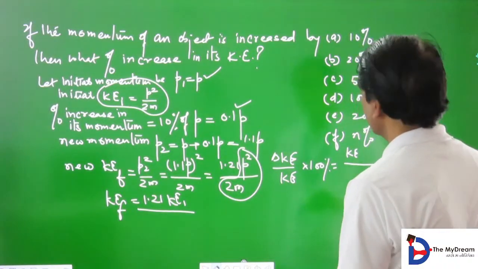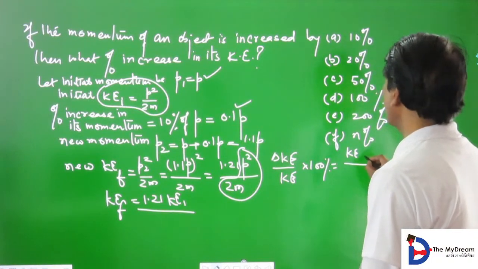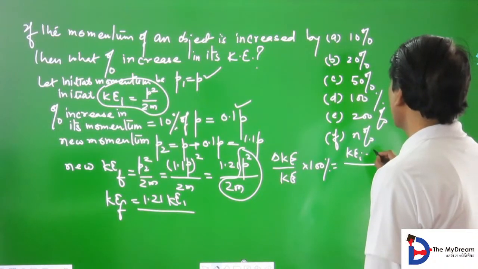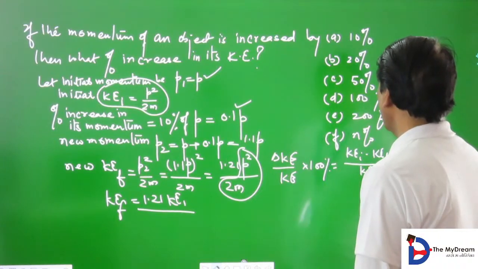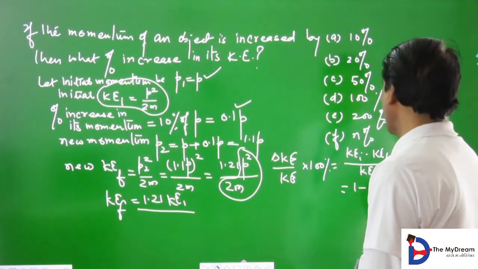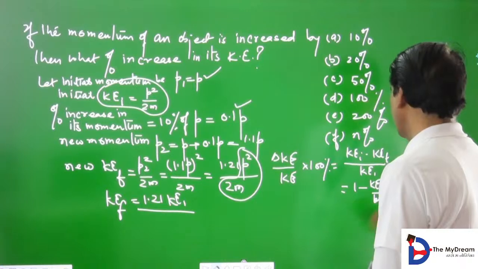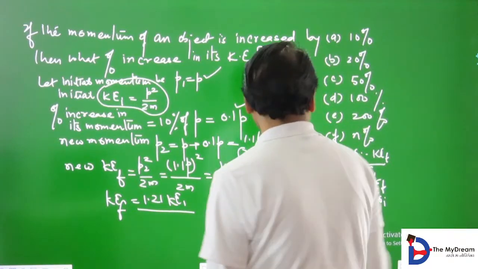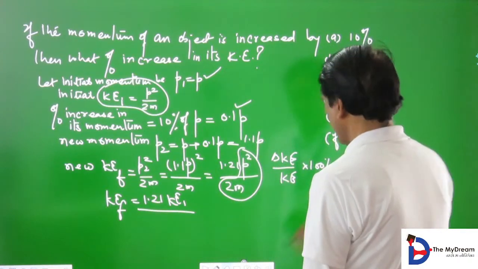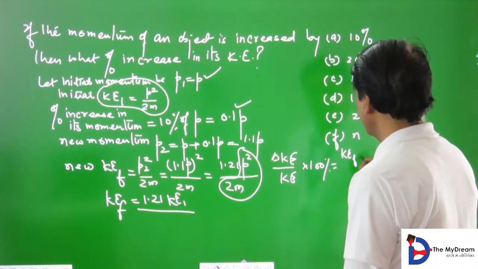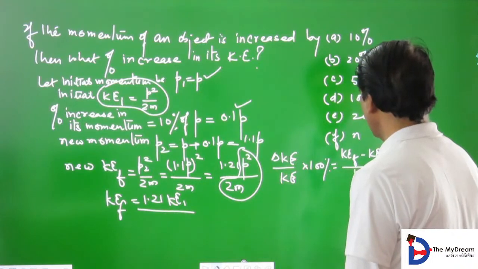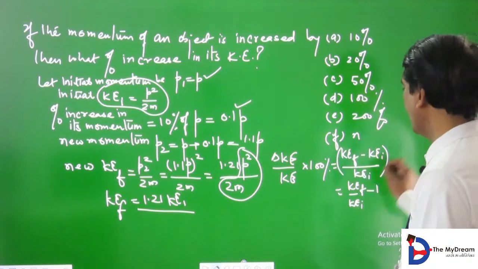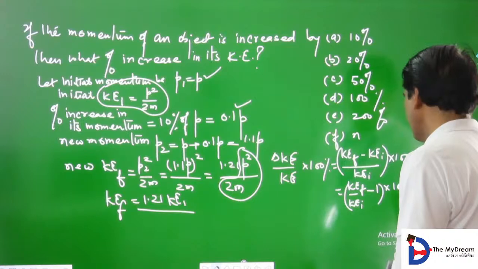कितना आ गया बेटा? ऐसे लिखो इसको, KEF minus KEI divided by KEI into 100.